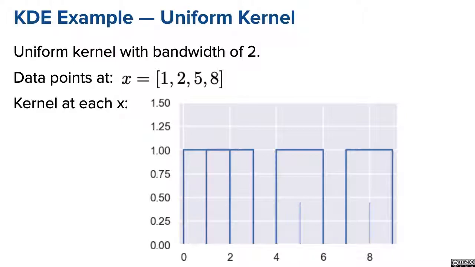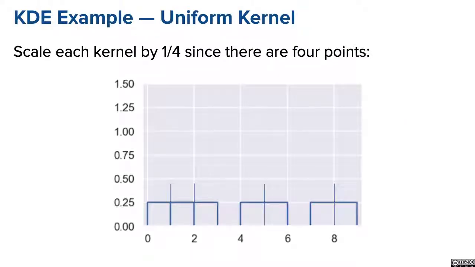We have another box at x equals 5 and another box at x equals 8. The bandwidth of 2 for this particular example means that the width of that uniform distribution goes from 4 to 6 for x equals 5. If I had a bandwidth of 1, then the width of that box would go from 4.5 to 5.5 when I have x equals 5. So the width of those kernels is narrower if I narrow the bandwidth.